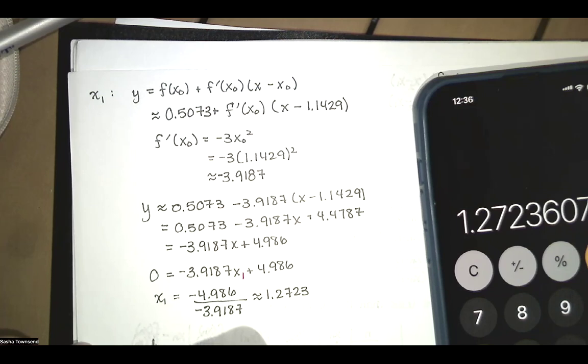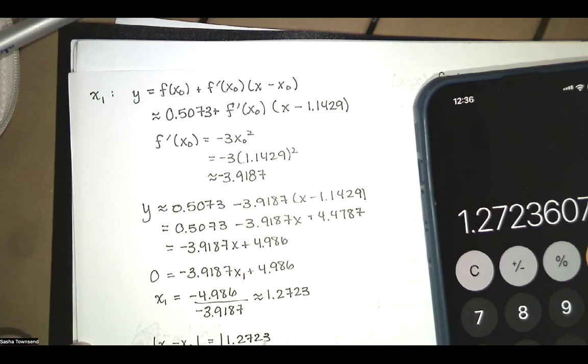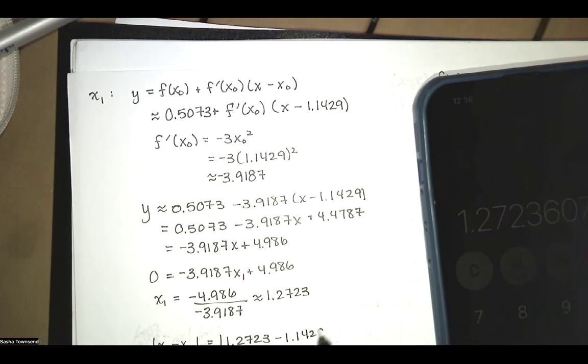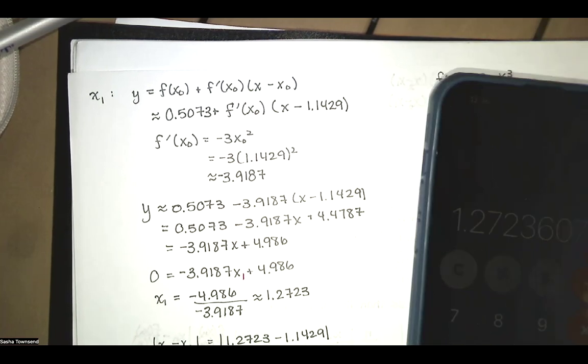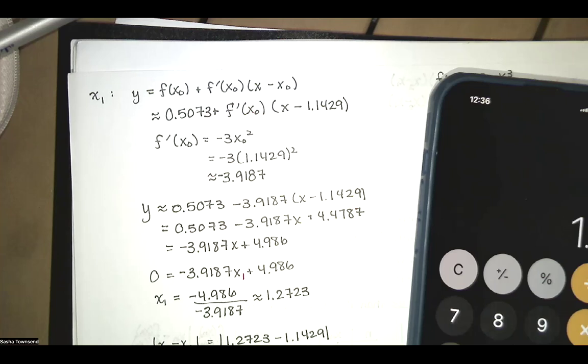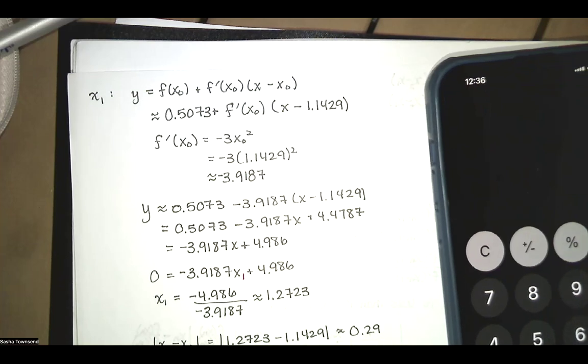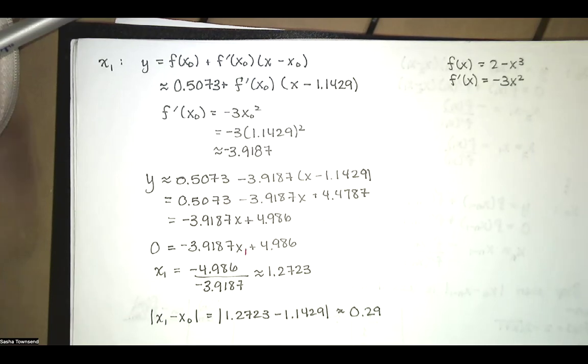And if I compare x1 and x sub 0, that's 1.2723 minus 1.1429. I get a difference of approximately 0.29. So we're not close enough yet.